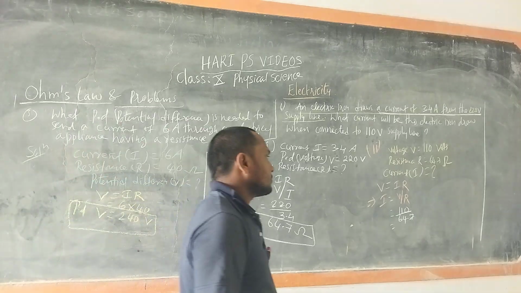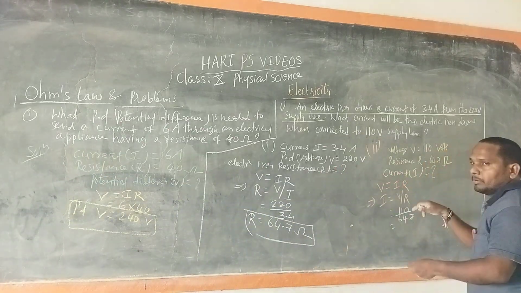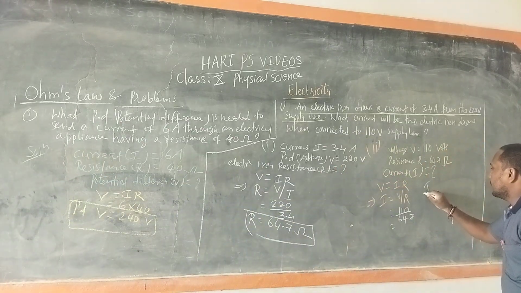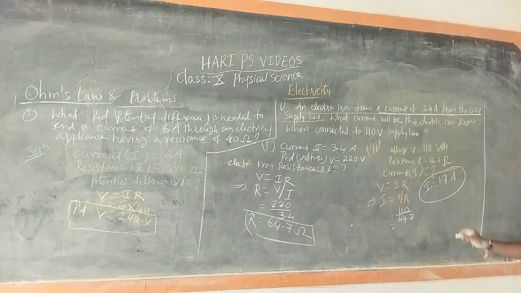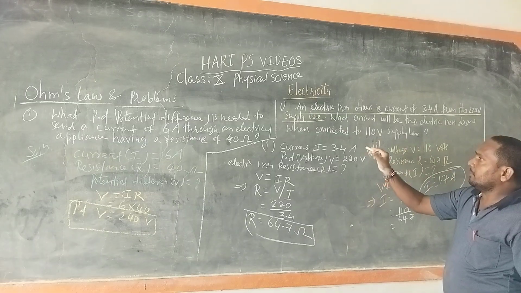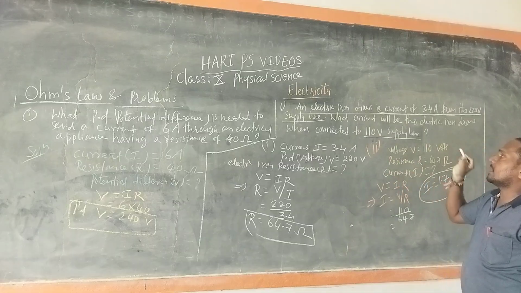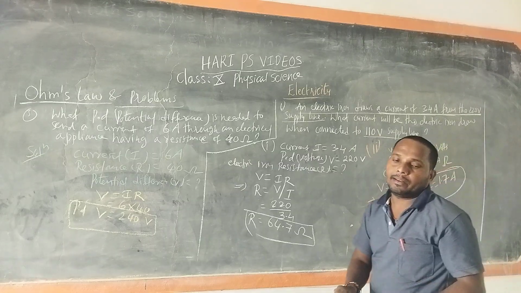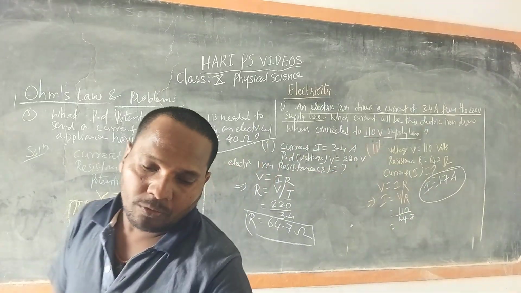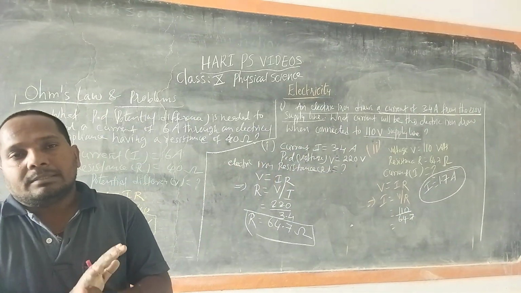After the simplification, finally we get I is equal to 1.7 amperes. 1.7 amperes of electric current is drawn from the 110 volt supply line.